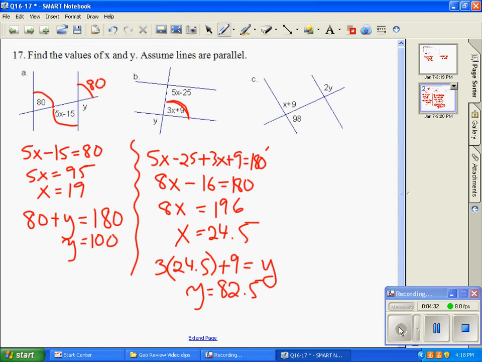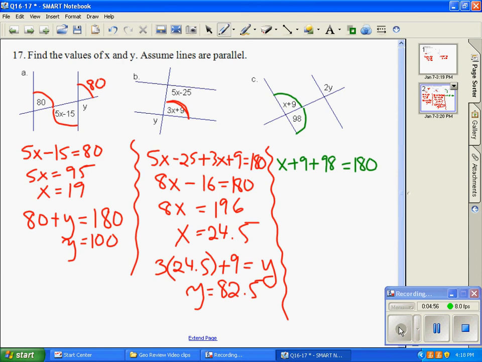Okay, so now we have this last diagram. So let's find x first. Notice that this angle and this one are a linear pair. So let's start with that. So we can say x plus 9 plus 98 equals 180.